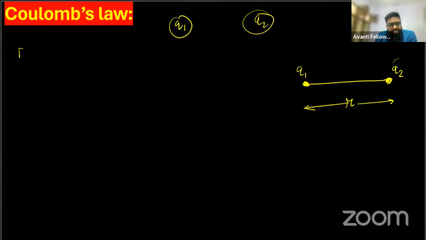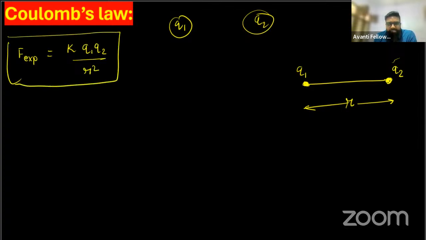So by observation it is found out that force experienced is equals to k q1 q2 upon r square. It will depend on the product of the charges divided by the distance square. ठीक है, got it?